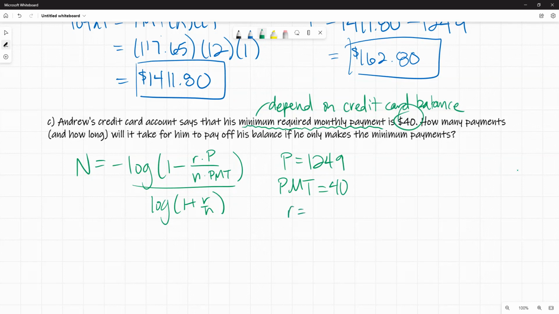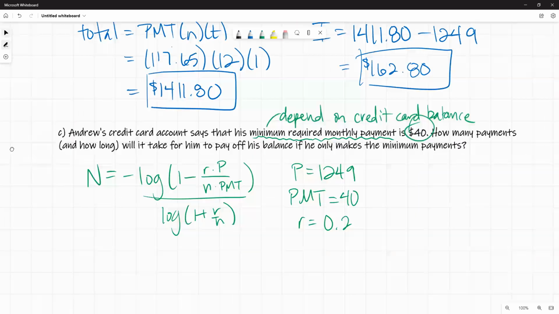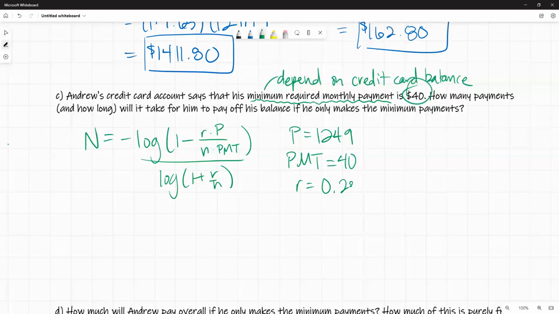Our R is also still the same, 0.2324. And our N is still 12. We don't have a T in here. The T is technically hidden inside the capital N, but we don't really care about that right now. We will in a little bit when we try to find how long, but let's just find capital N overall. So let's plug everything in.